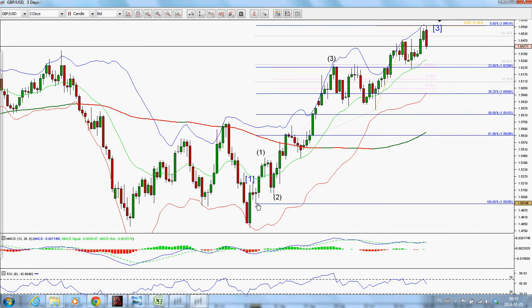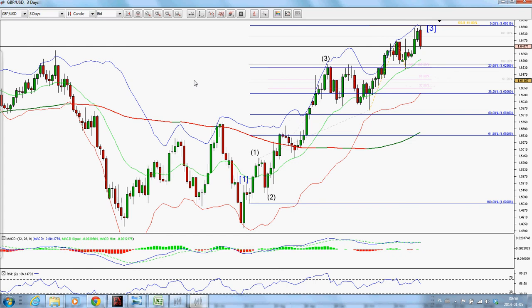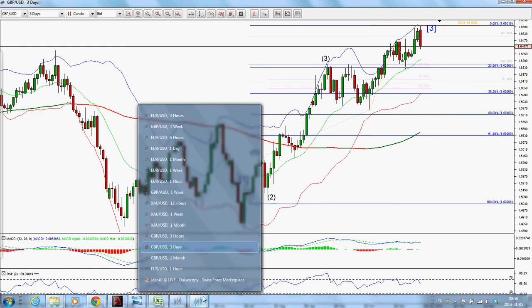I guess even 50, so we may fall to 158 to 160, which is 38.2, very typical for a 4-wave correction, so you can expect some reactions at those levels. But as I said, there will be more updates on my Google Plus account. So this is pretty much regarding Euro and Great Britain pound.